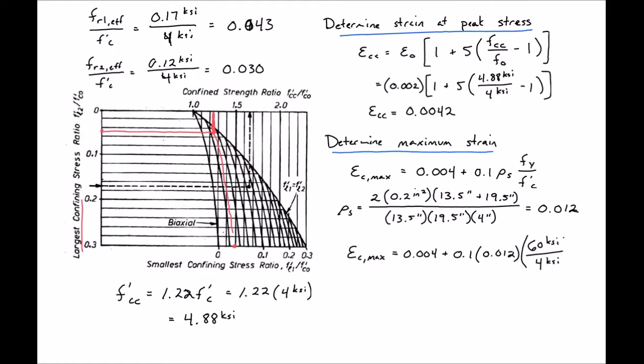Note this is not our confined compressive strength, and we can find that our maximum value then is 0.022.